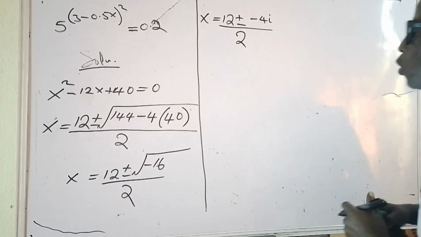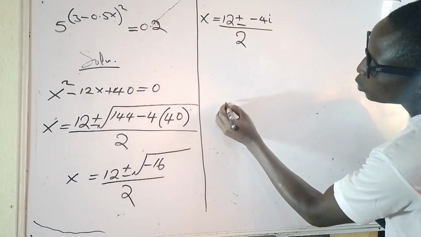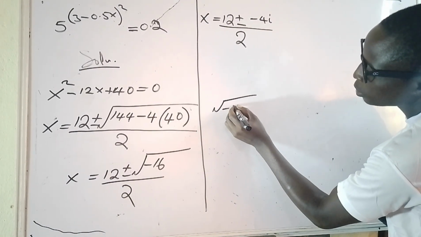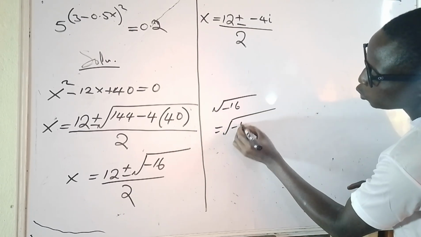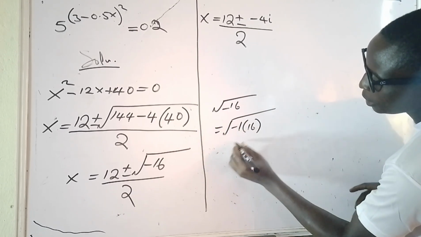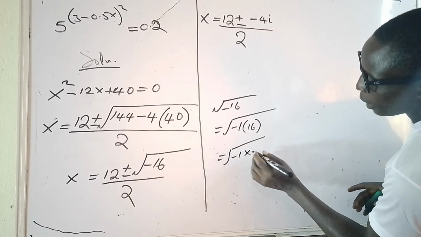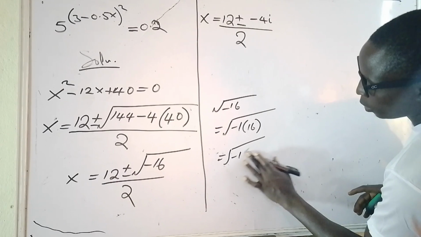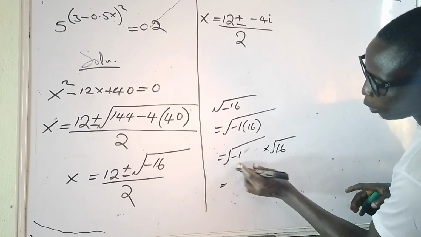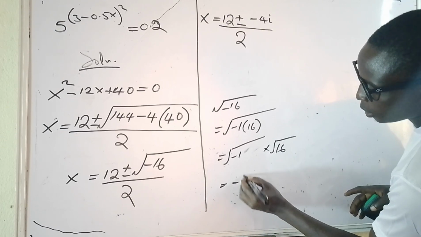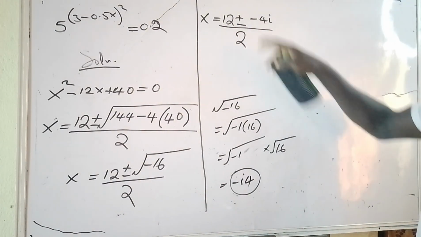i, we know that it is from complex numbers. Let me do some illustration here. The square root of minus 16 is the same thing as the square root of minus 1 multiplying 16, and is the same thing as the square root of minus 1 multiplying the square root of 16, and the square root of minus 1 is i, then the square root of 16 is 4, and that is where we got 4i.